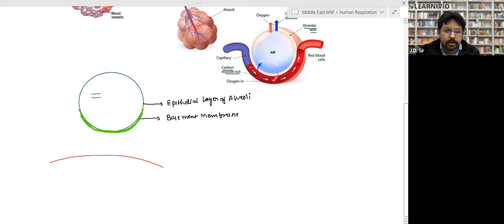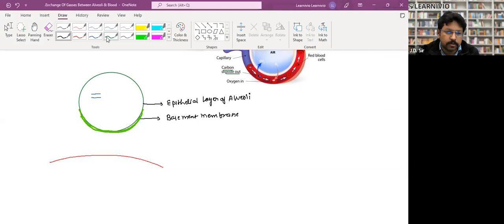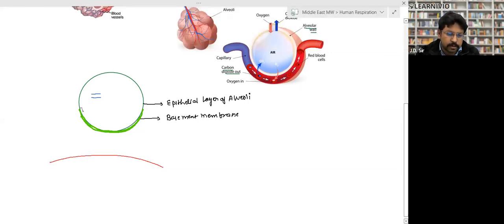It is made up of epithelial cells. This is the epithelial layer of alveoli, right?